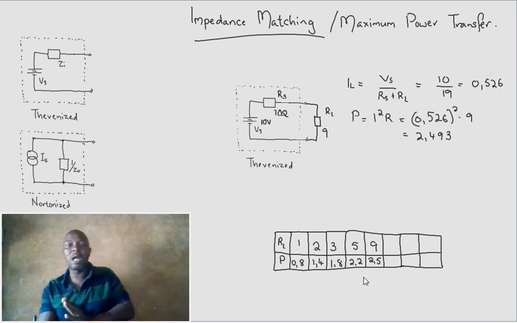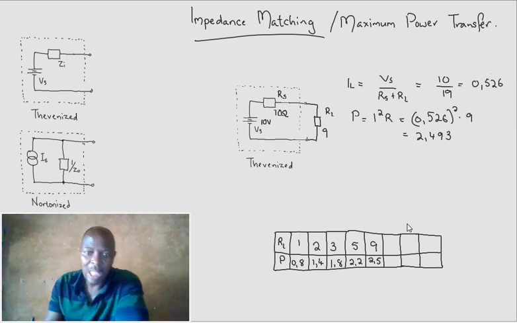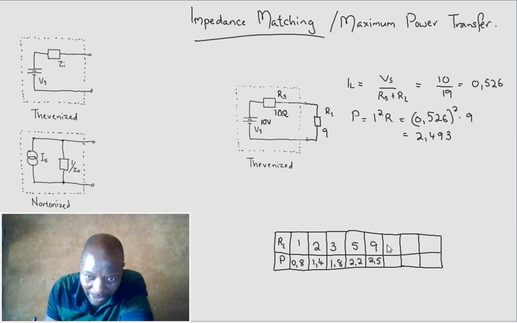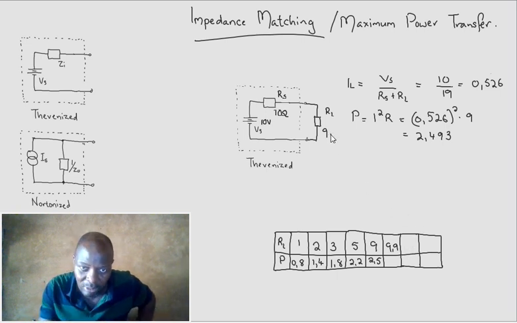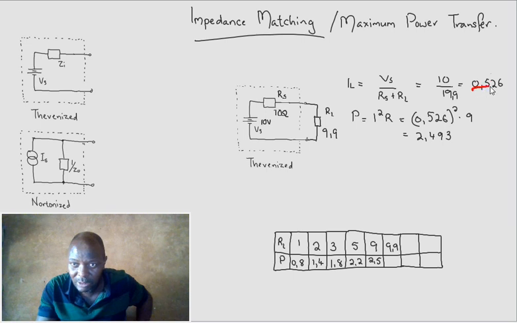Now let's get it to 9.9. If we have that as 9.9, all I change is 9.9, that becomes 19.9. The other values are no longer true, so I will remove that, and I will remove this.